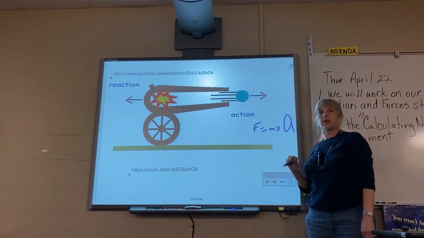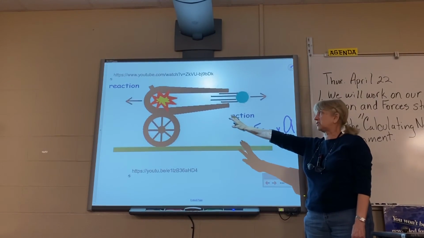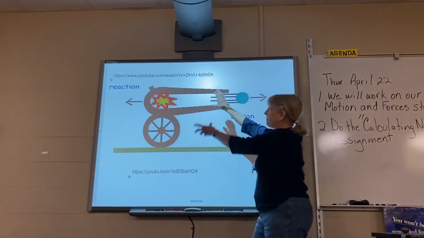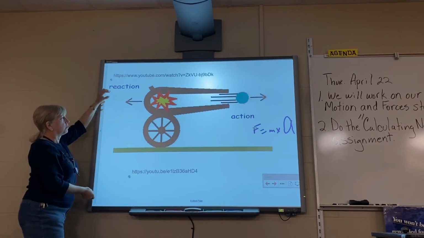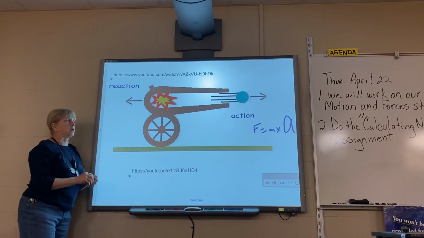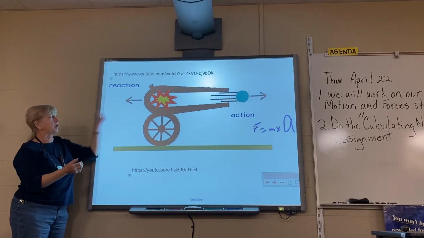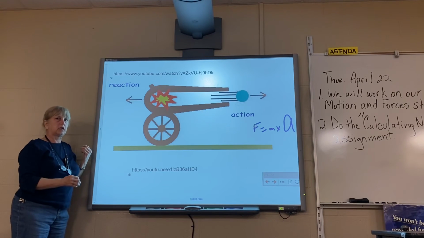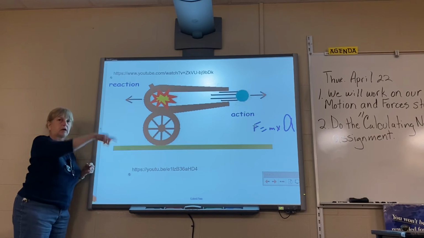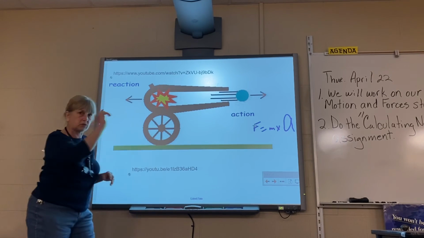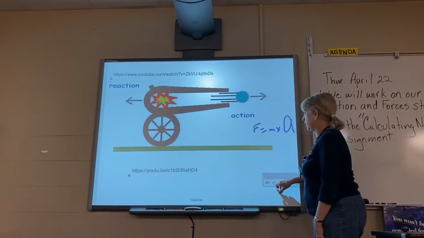That's what you end up with, because it's all using the same amount of force. That force goes the opposite direction with the reaction, but this big cannon's mass is not nearly as small as that cannonball's. So the acceleration in the opposite direction is proportionate. It's going to go backwards, but not nearly as far as that cannonball went in the other direction. It's all because of the mass being so much bigger.